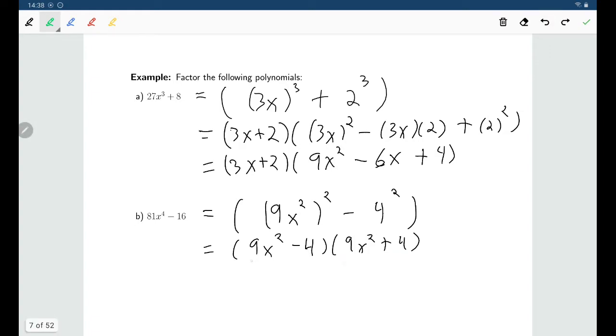But for 9x squared minus 4, 9x squared is the same thing as 3x that's been squared, and 4 is the same thing as 2 that's been squared. So we do have a difference of squares. That first factor, 9x squared minus 4, can be factored further as 3x minus 2 times 3x plus 2.